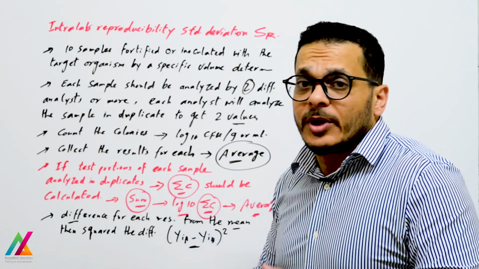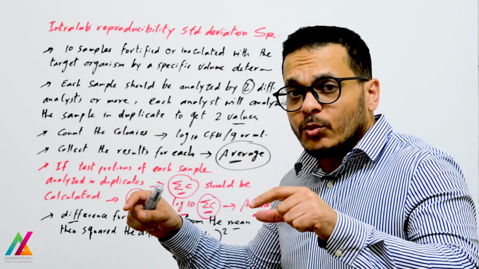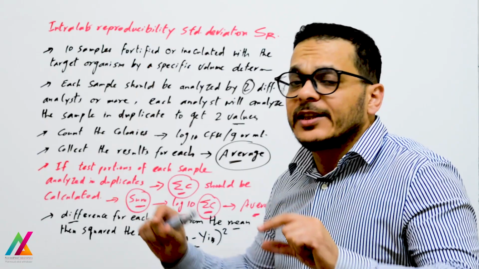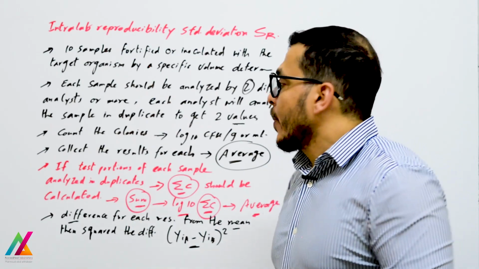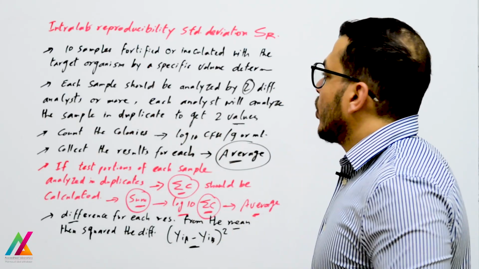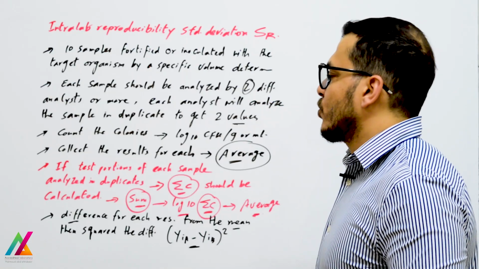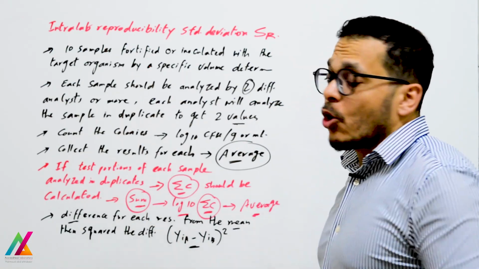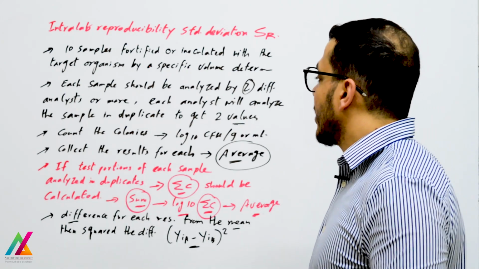Maybe all of them can analyze the sample in test portions. Each one will prepare 2 test portions and get the results for each test portion. And each analyst will analyze the sample in duplicate to get 2 values for each sample. Count the colonies and then transform the data to log 10 CFU per gram or ml.